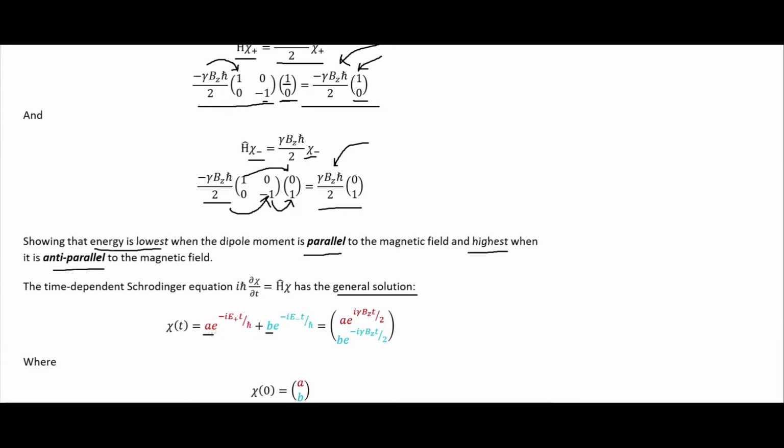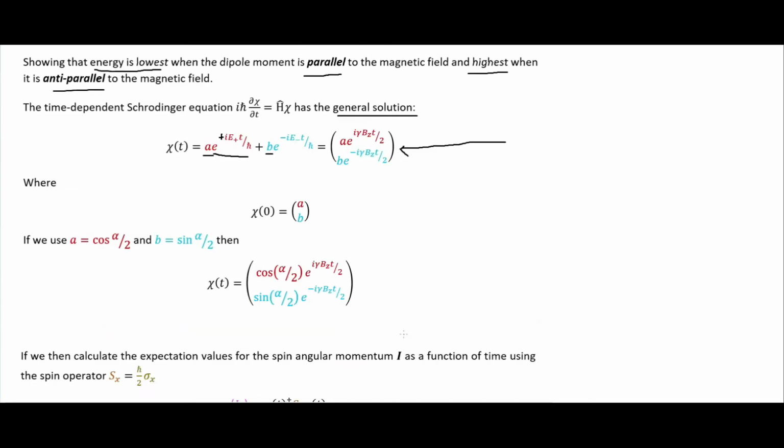And then we have our e to the i times E plus t over h bar, and then our e to the minus. So this should actually be plus here. That should not be negative right there. And then we can just put it into this spinor form right there.